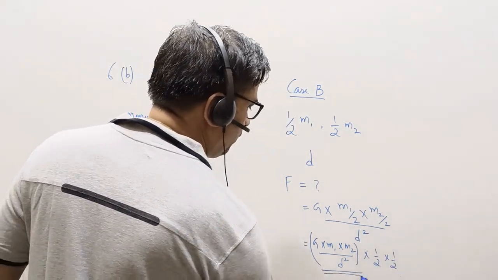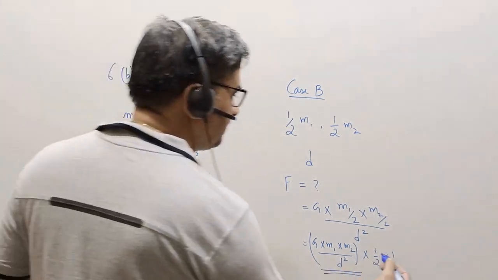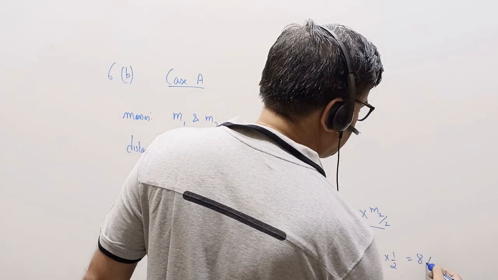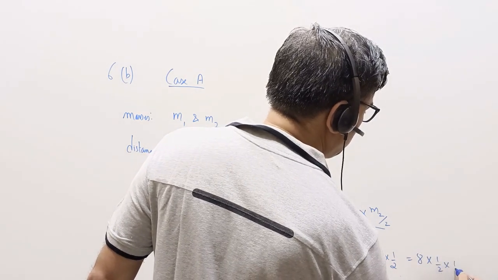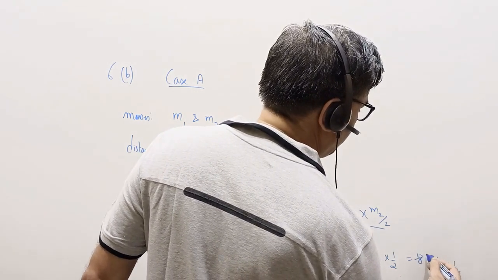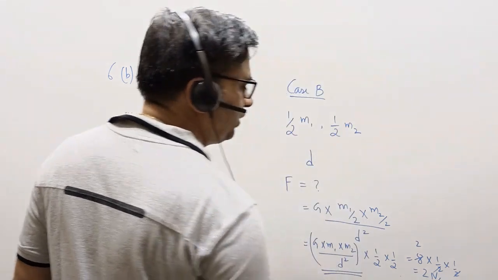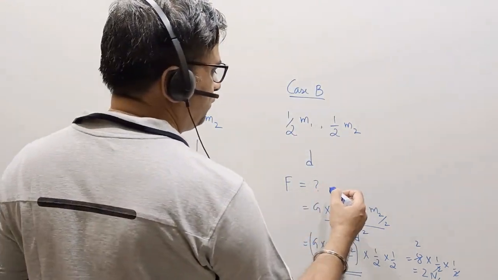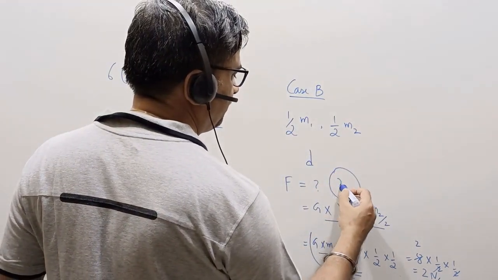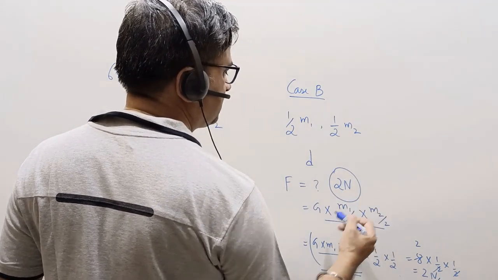We know that G m1 m2 by d squared is equal to 8. So this can be written as 8 into 1 by 2 into 1 by 2, and therefore this value comes to 2 newtons. That's the answer.